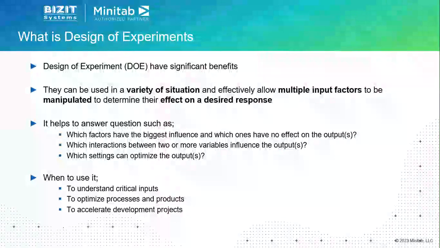And then of course you want to find the settings that optimize the output. We use design of experiment to understand the critical input parameters, so we can optimize our process and product, and of course accelerate the development of our project.